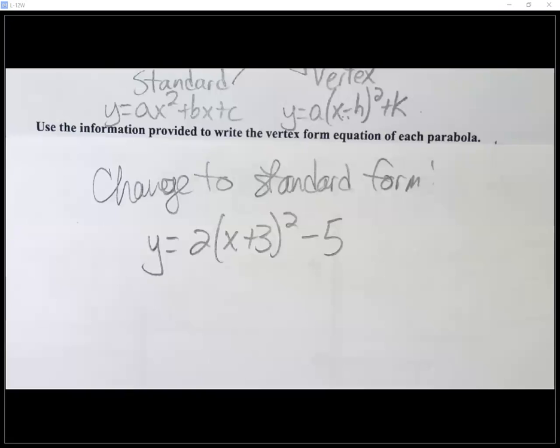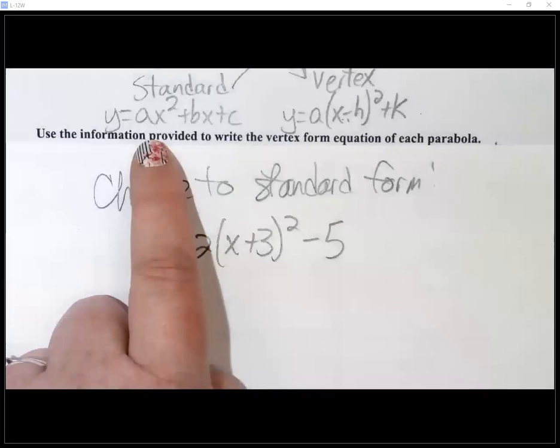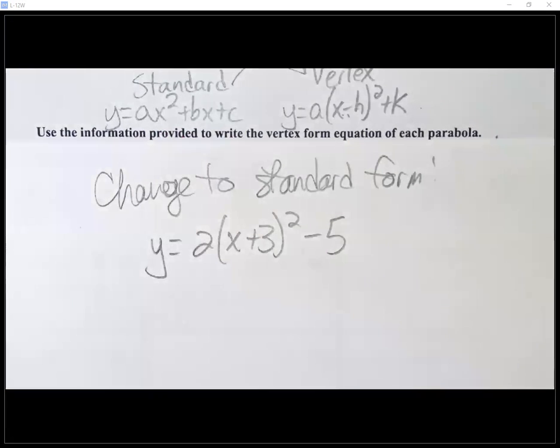You already have your A. Anybody have a thought how I could make that look like standard form? It is true that we already know A, so if it was multiple choice, I would cross off anybody that doesn't have A as 2.